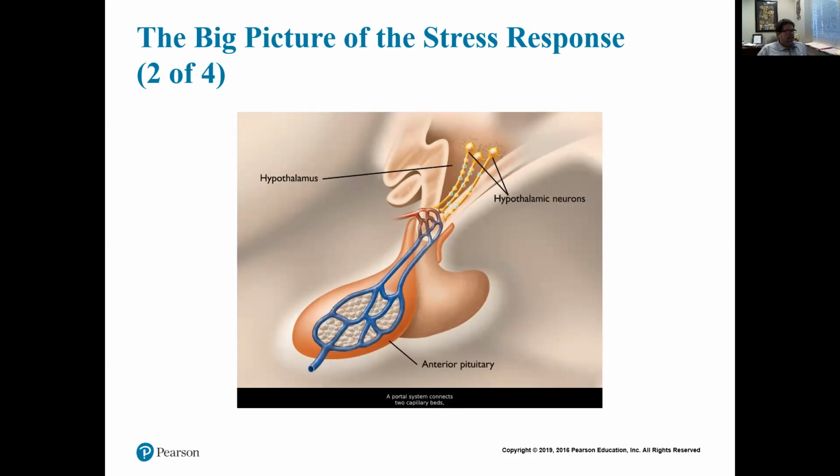A portal system connects 2 capillary beds. In this case, one is in the hypothalamus and one is in the anterior pituitary. Hypothalamic hormones are released into the hypothalamic capillaries. These are the releasing hormones I talked about in class. These hormones then travel through the portal veins and exit at the anterior pituitary capillaries to bind to receptors on pituitary cells.